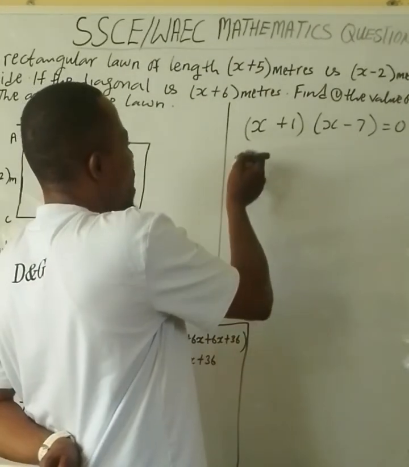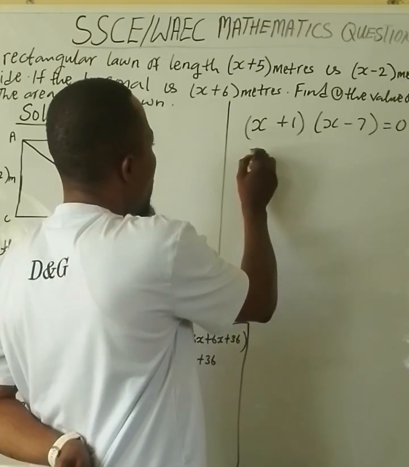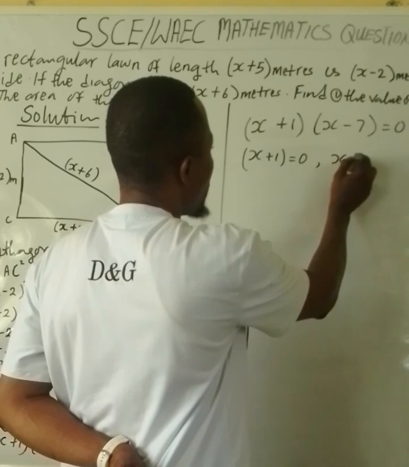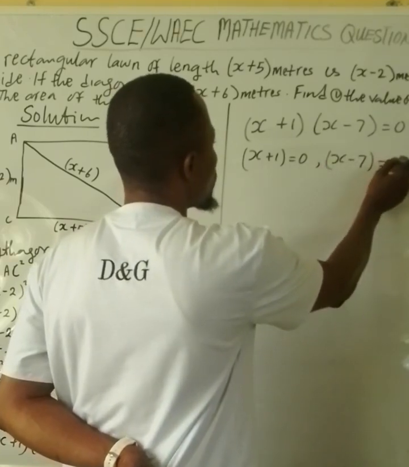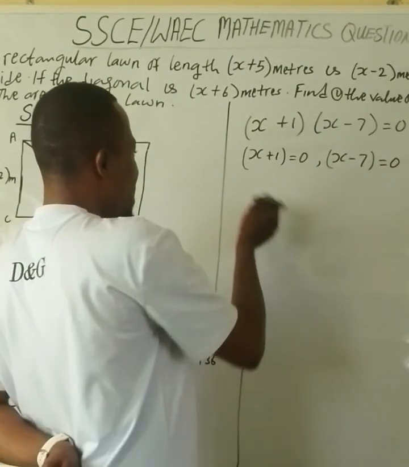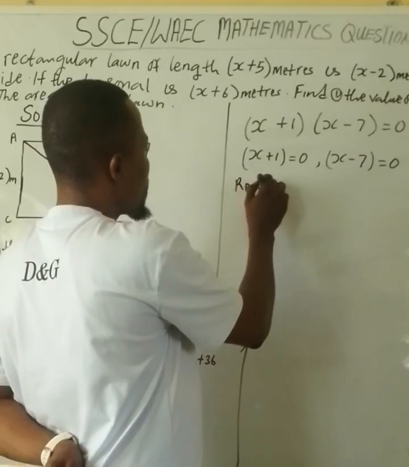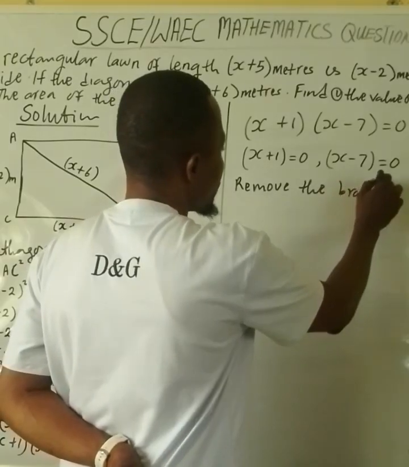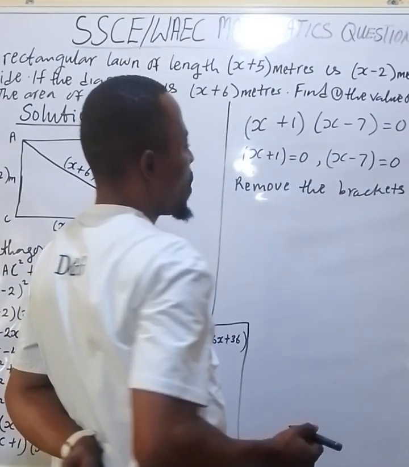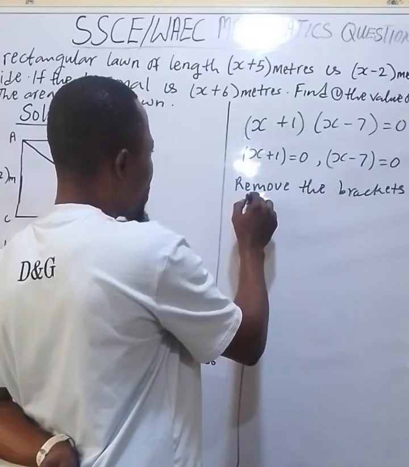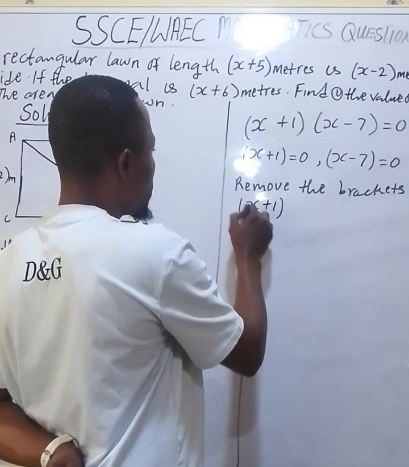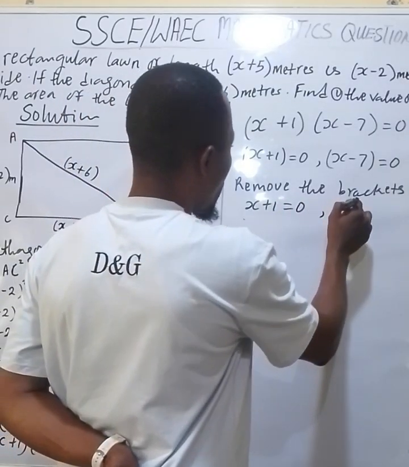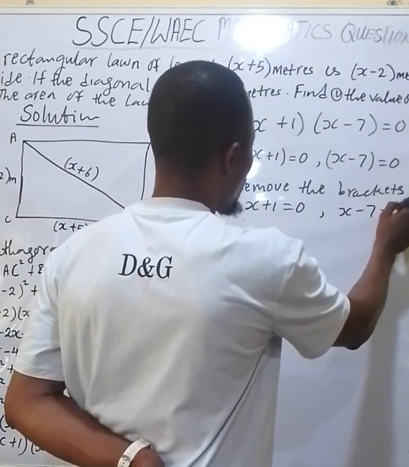Now the next thing we are going to do is equate each of them to 0. x plus 1 equals to 0, comma, x minus 7 equals to 0. Then the next thing is to remove the brackets. Are we together? So when you remove the brackets, we have x plus 1 equals to 0, comma, x minus 7 equals to 0.